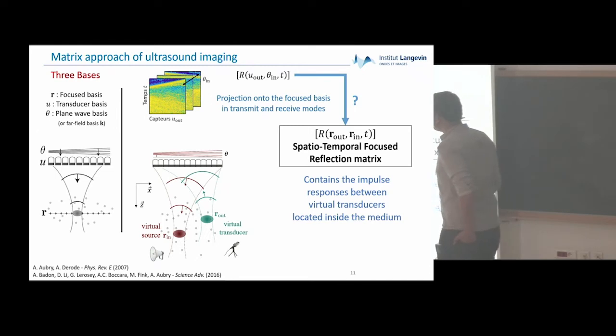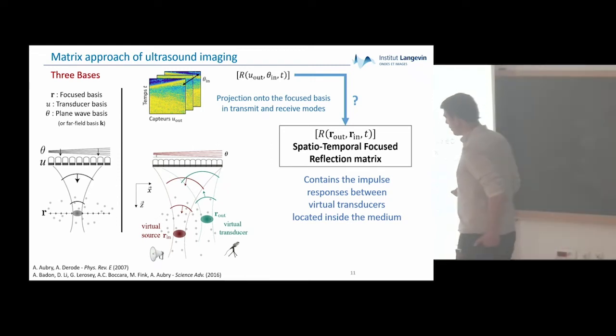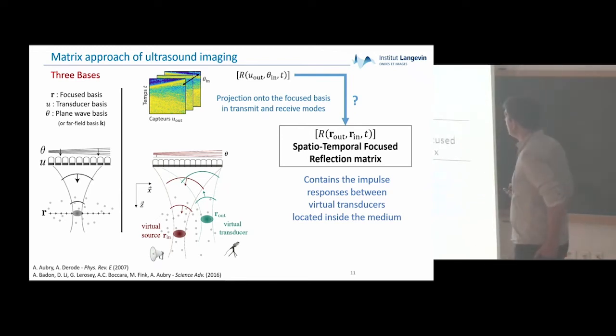So you can have multiple loudspeakers and multiple microphones, and by studying the response between any points inside the medium, you will deduce some important local information. Typically, we will project this reflection matrix in the focus basis, both in transmit and receive modes, and I will have access to the spatio-temporal focus reflection matrix with R in and R out, mapping the whole medium.